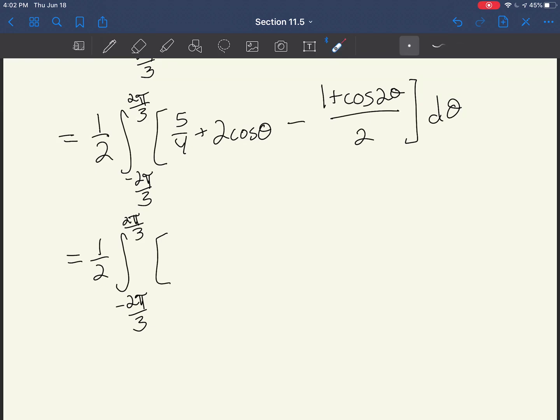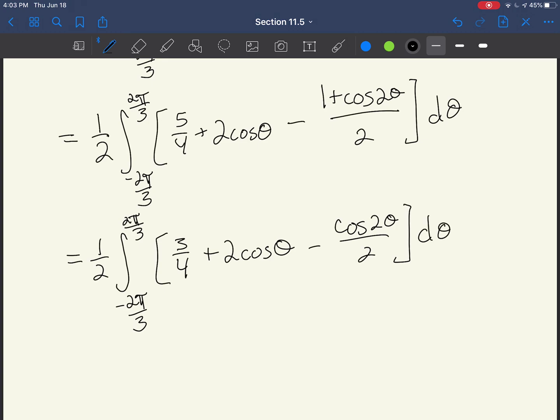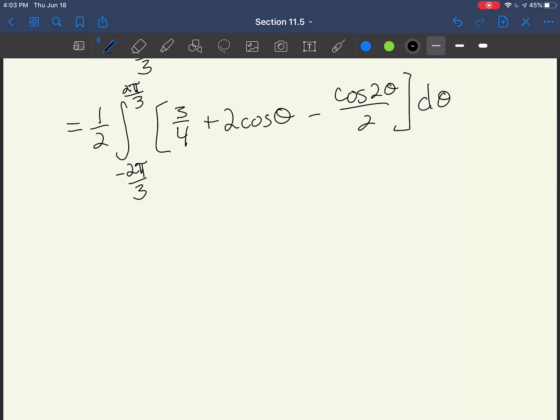Last manipulation before we actually integrate this, this is 1/2 integral from negative 2 pi over 3 to 2 pi over 3 of, we have 5/4 minus 1/2, which is minus 2/4, so that is 3/4, plus 2 cosine theta minus cosine of 2 theta over 2 d theta.